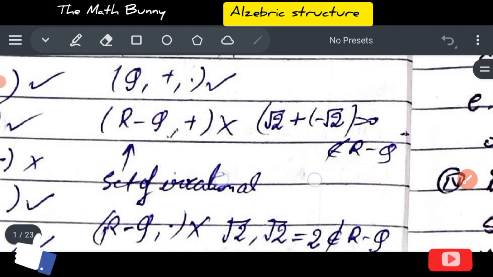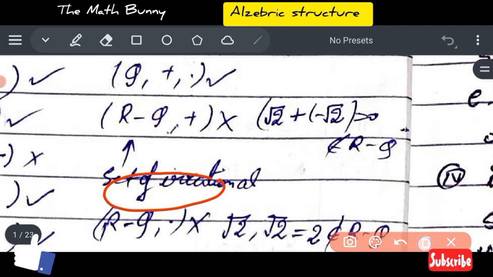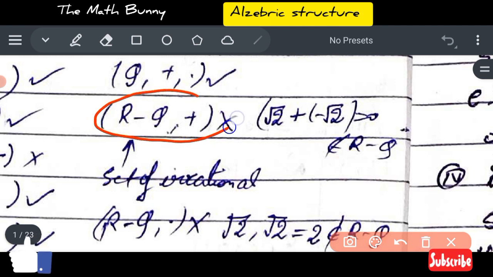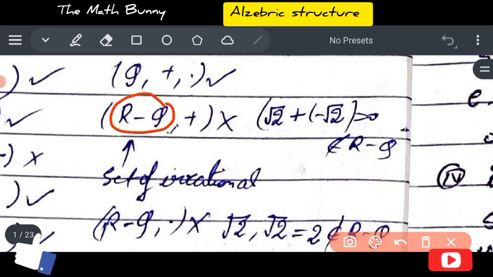But here, this is not an algebraic structure, because here R minus Q means irrational numbers. R stands for real numbers, and Q stands for rational numbers. So real number minus rational number is what? Irrational number.